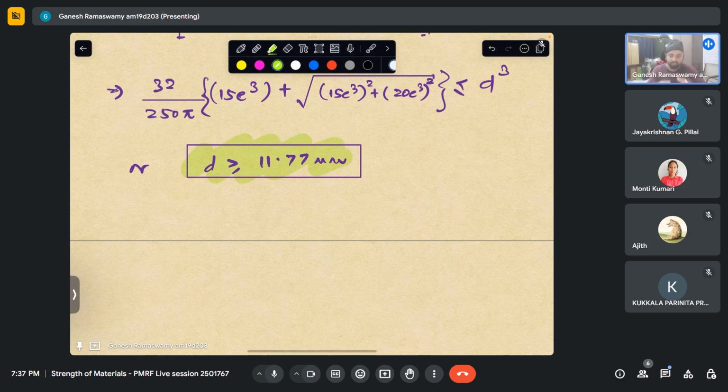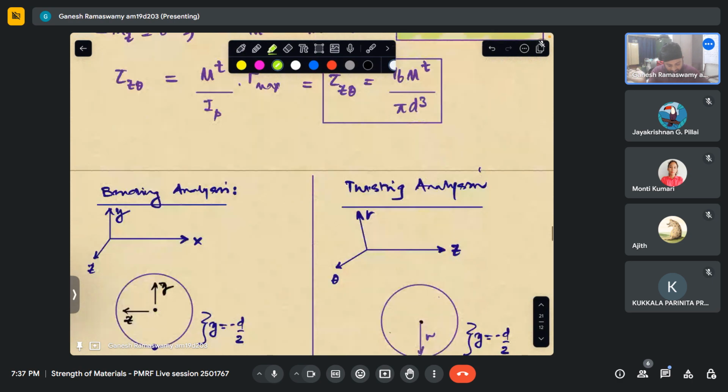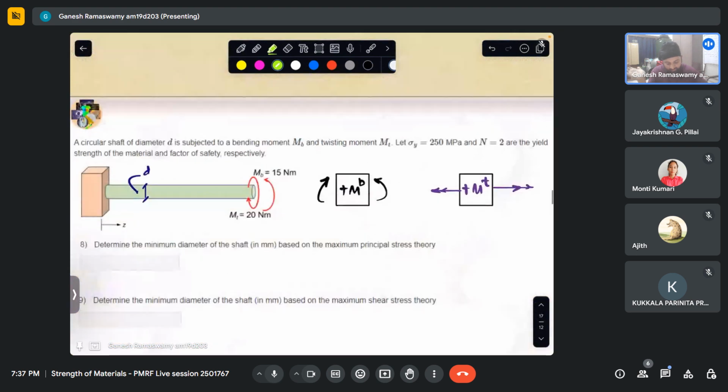We have been told that under its operating conditions, it is subjected to a moment causing bending of 15 Newton meter and a twist or a torque of 20 Newton meter, and given some constraints, the material properties and some factor of safety, according to the maximum principal stress theory, our minimum diameter of that shaft should be 11.77 for it to be operating under safe conditions.